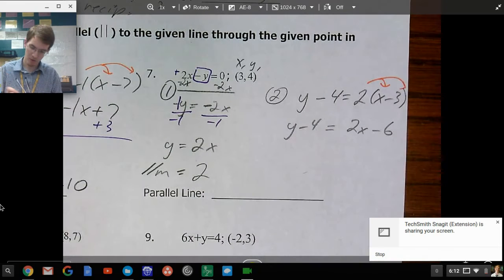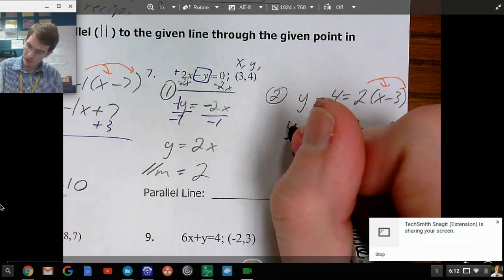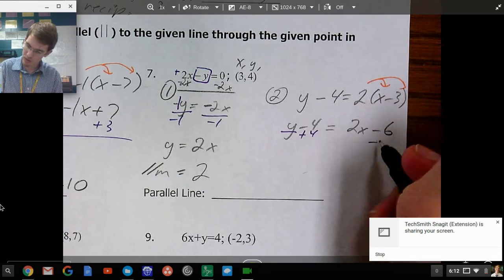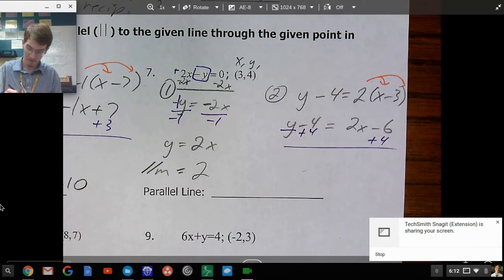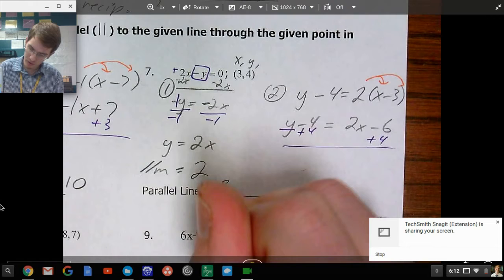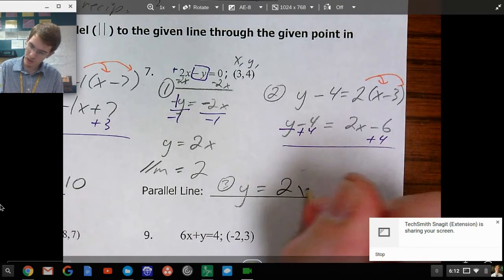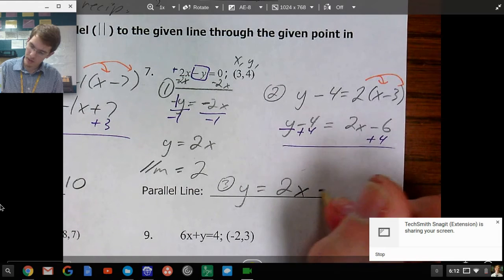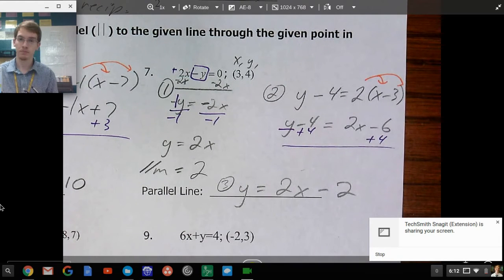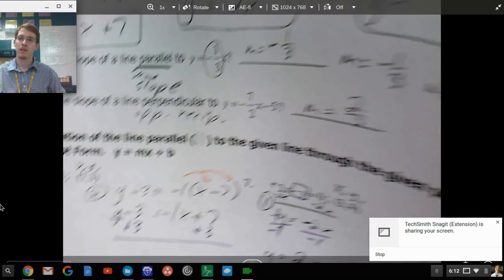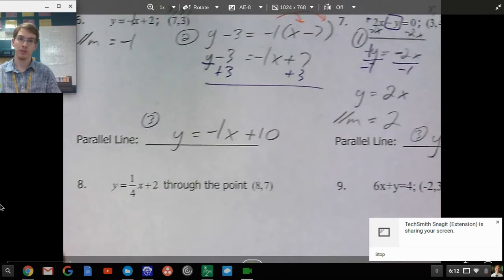Bring down the y minus 4, and add 4 to both sides. And so our step 3, our final answer, y equals 2x minus 2. Just keep these steps in mind, and that will take care of this.